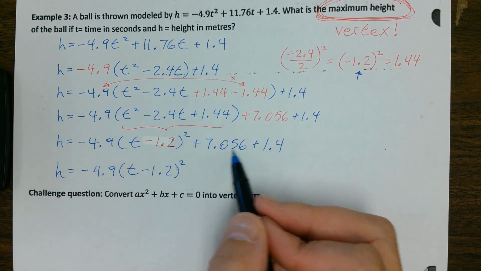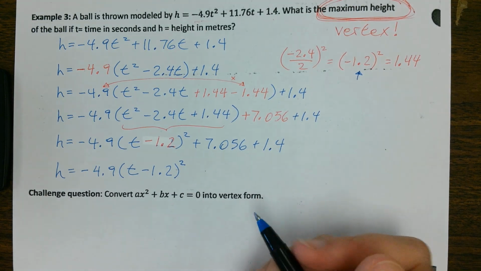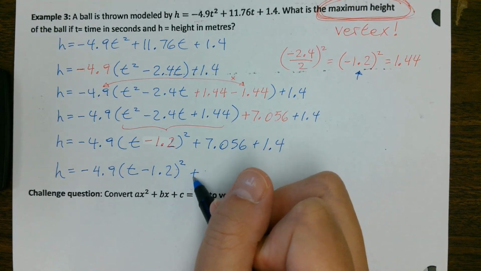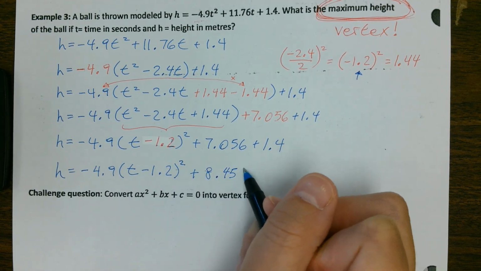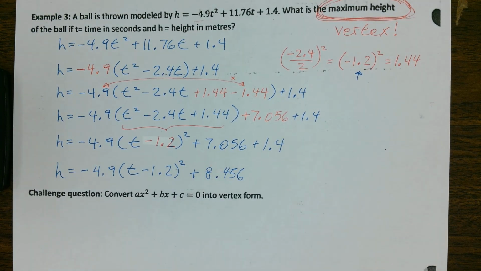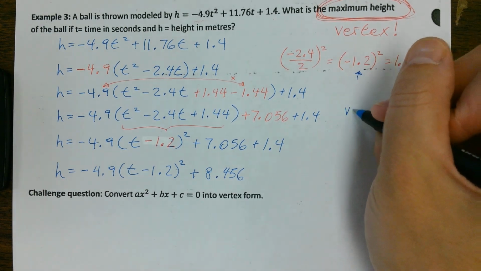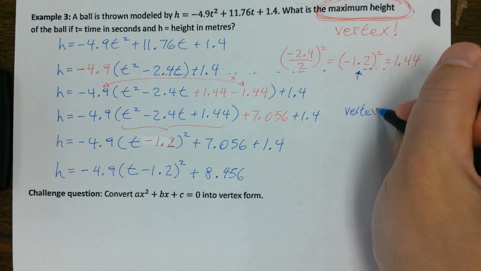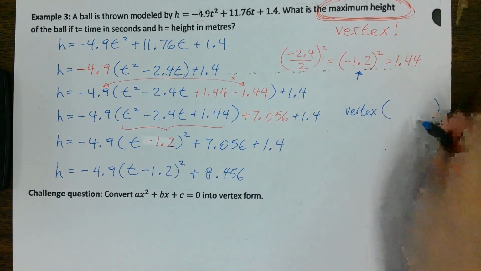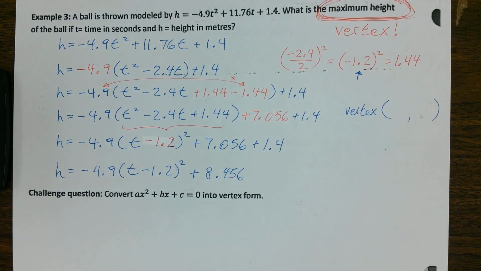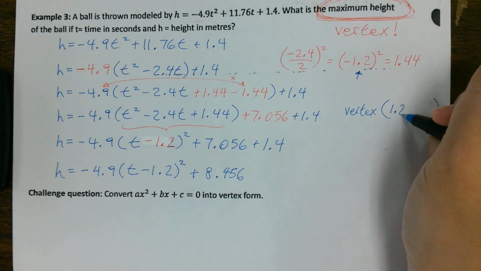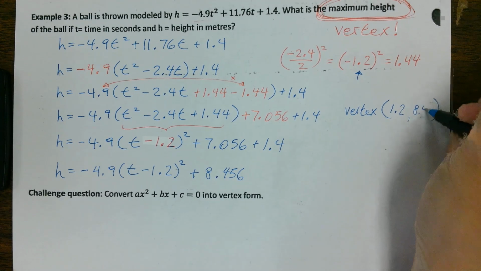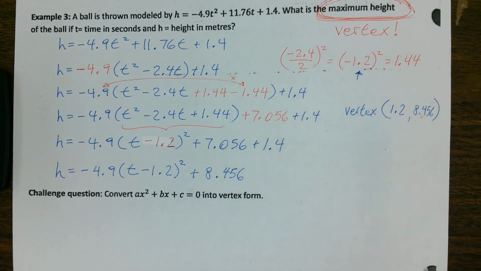Good. And then I just have to add that up. 7.056 plus 1.4 is 8.456. That's it. Good job. Okay. So what is my vertex? 1.2 and 8.456. Good. Okay.